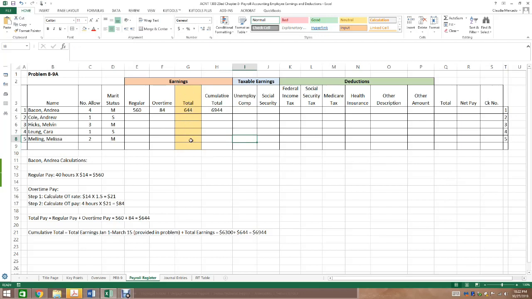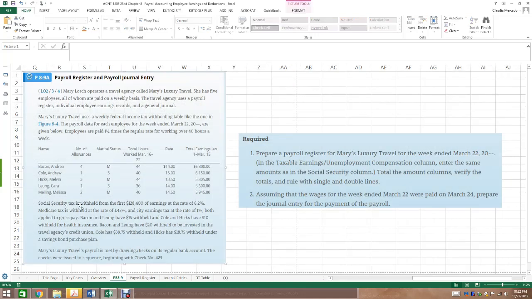It's not asking you to calculate the actual tax, but it's asking you, out of the $644 that you earned this week, how much of that are you going to pay unemployment compensation, and how much of that are you going to pay Social Security taxes? Now, the problem says clearly that you're going to pay Social Security taxes on the first $128,400.